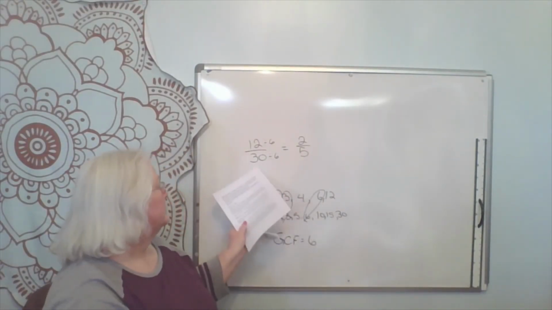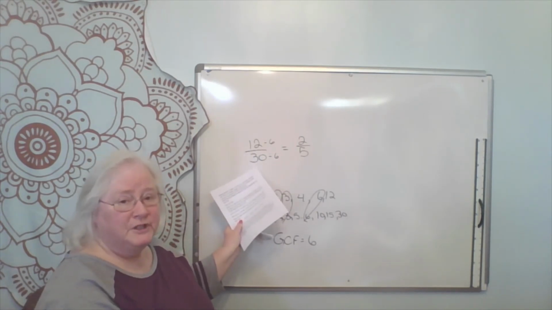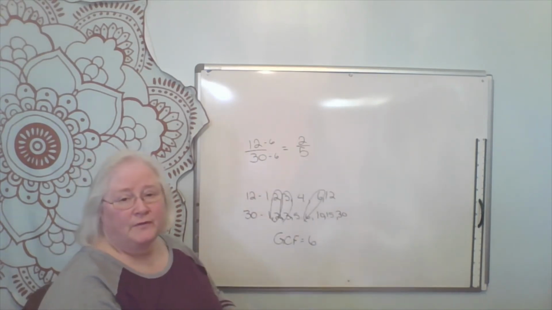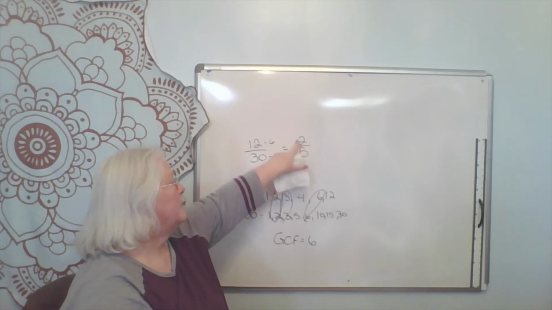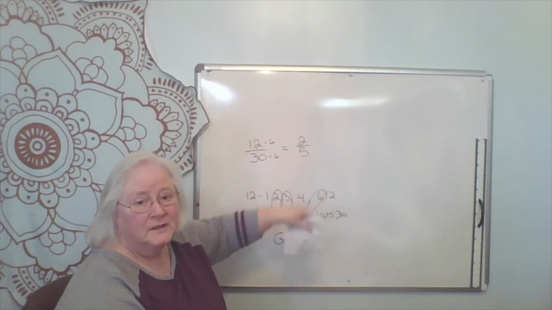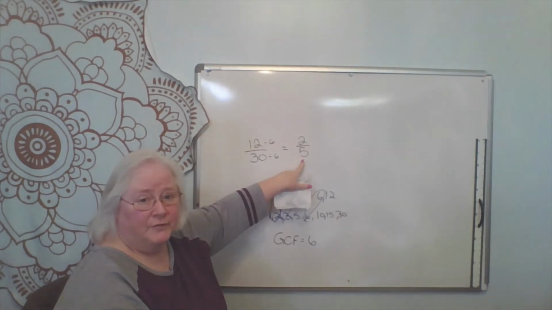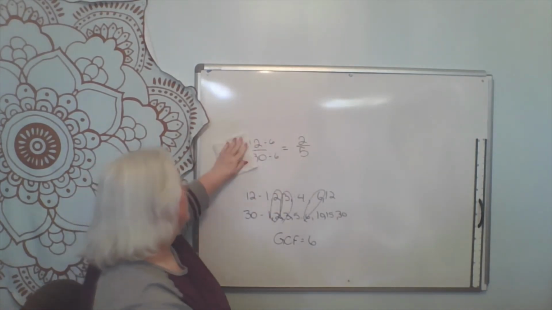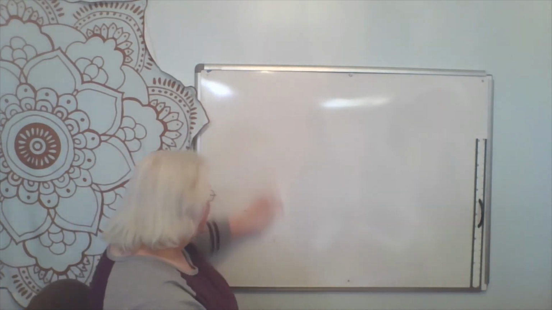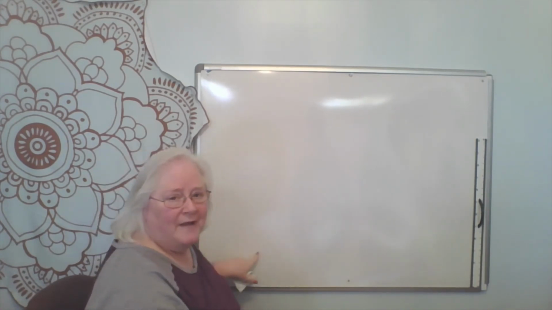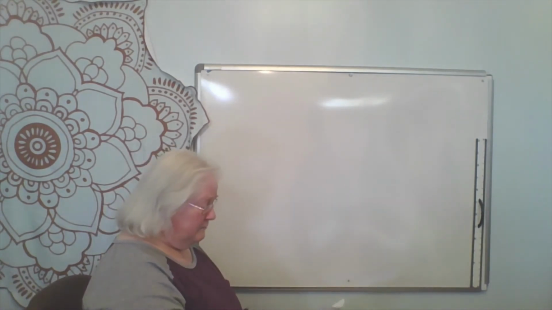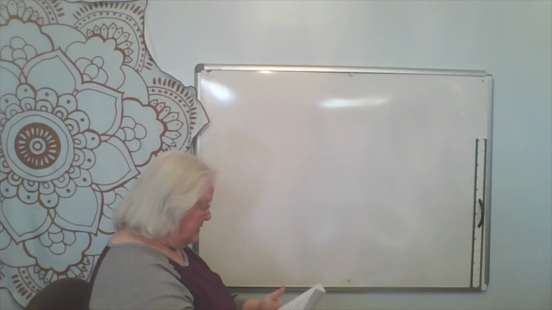So 12 over 30 reduced is 2 over 5, because nothing else will go into 2 or 5, except for 1. So that is a reduced fraction. Okay? Now, hopefully, with practice, you won't have to write your GCFs out. You can do those on your own. So let's try another one.